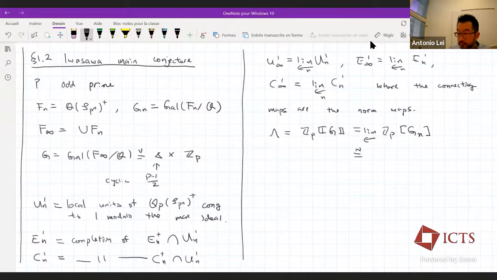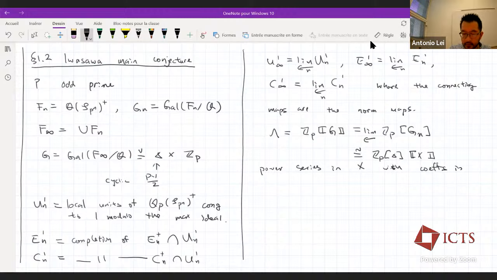And so this, as a ring, is isomorphic to this ring of power series in X, with coefficients in this group ring Zp delta, and X can be identified with a topological generator gamma minus 1.